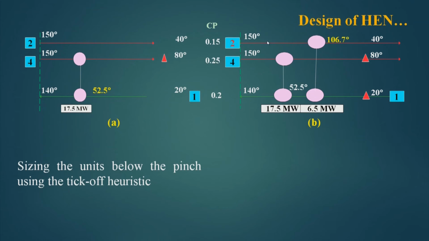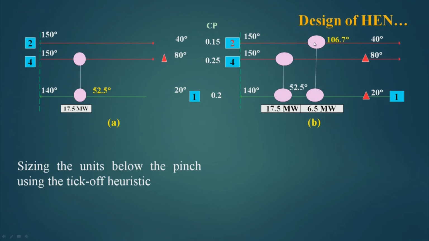Now, if we see the capacity of this hot stream, it is 150 minus 40 into 0.15. So, this is 16.5. 6.5 I have already given, so if I subtract this 6.5, it remains 10 megawatts.